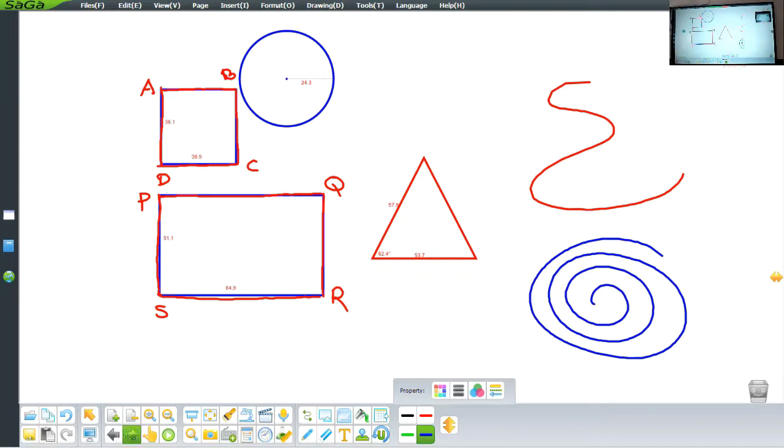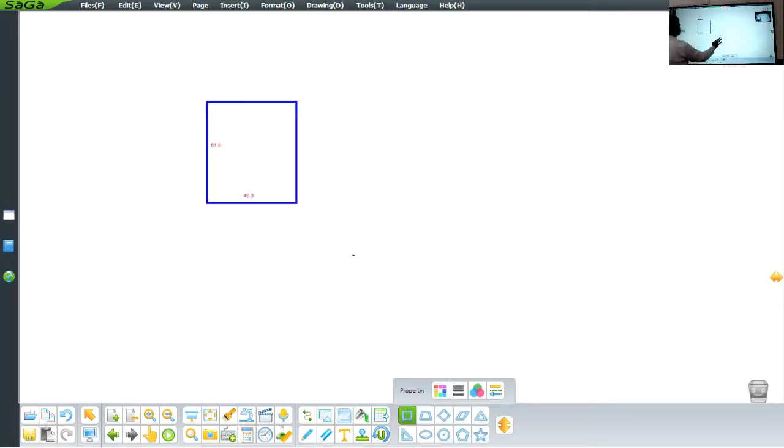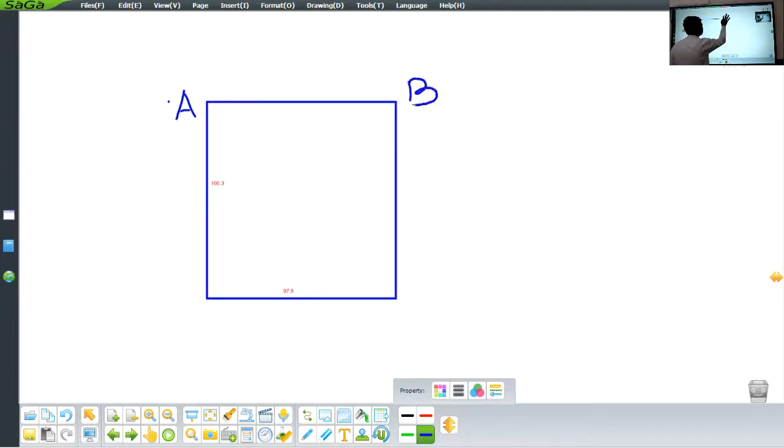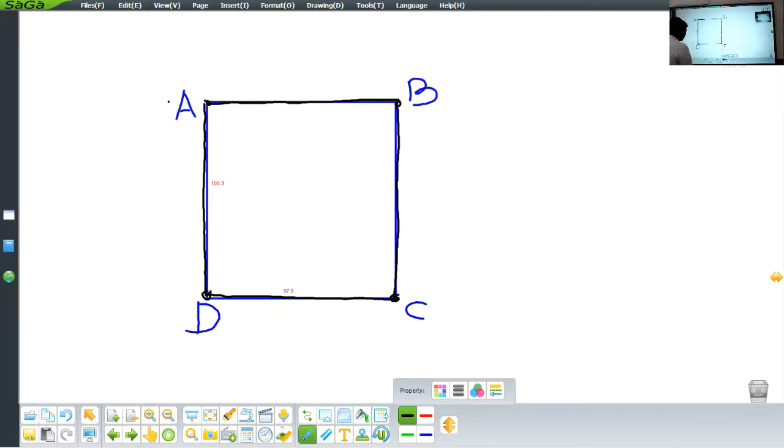I'm switching to the next page, and we'll see a square. If I start from one end of the square, from A to B, and from B to C, and from C to D. If I start moving from point A to B along the line segment AB, then from point B to C along the line segment BC, from C to D along the line segment CD, and from D back to A along the line segment DA, then the distance traveled by me is known as the perimeter of the figure.